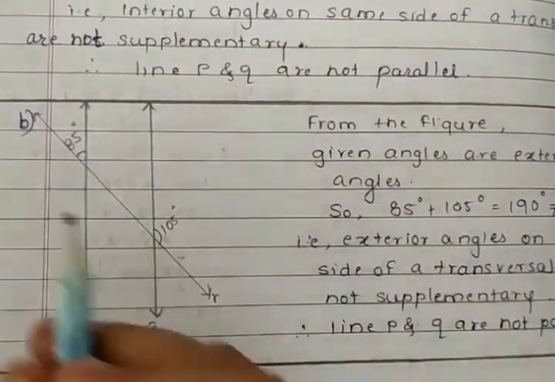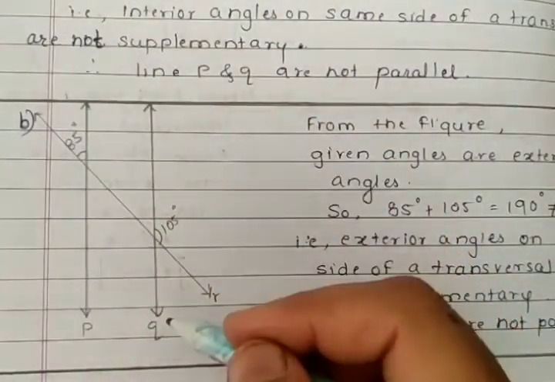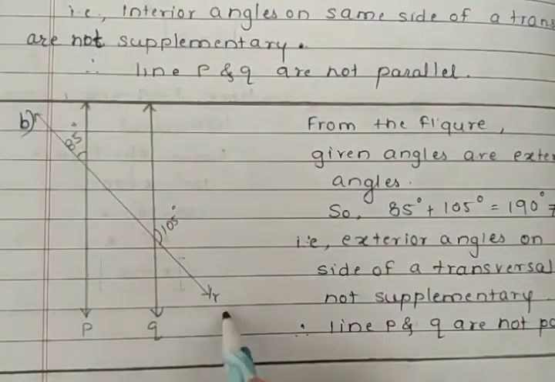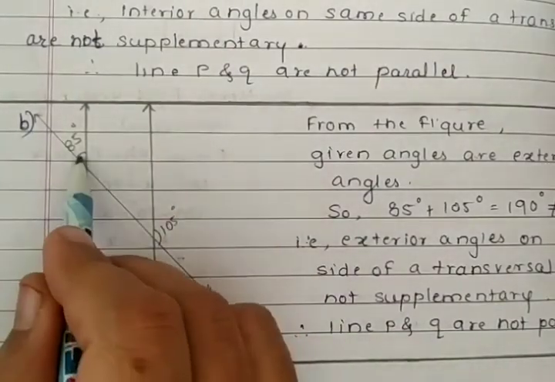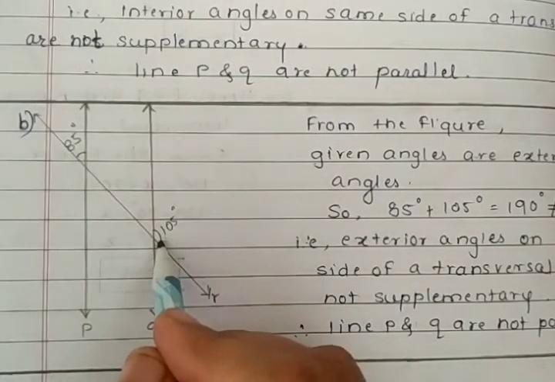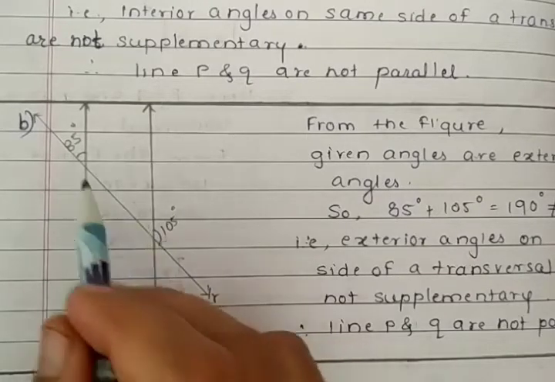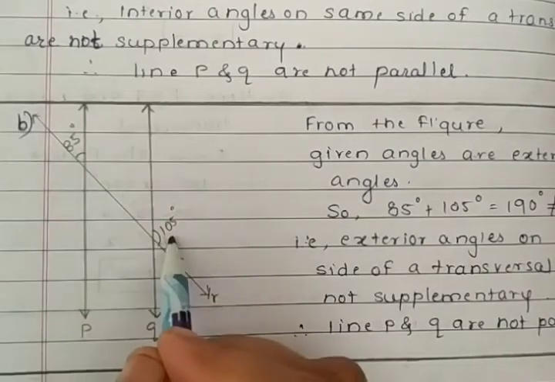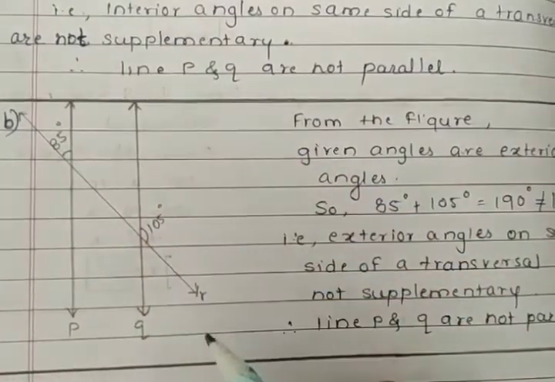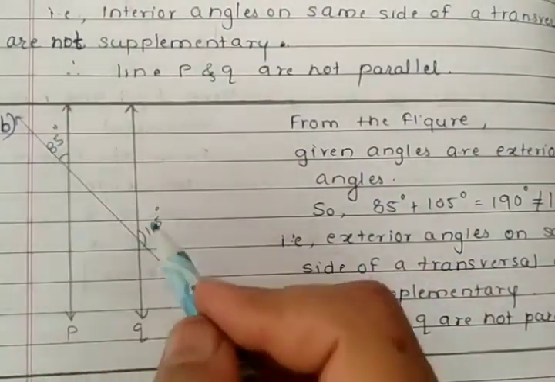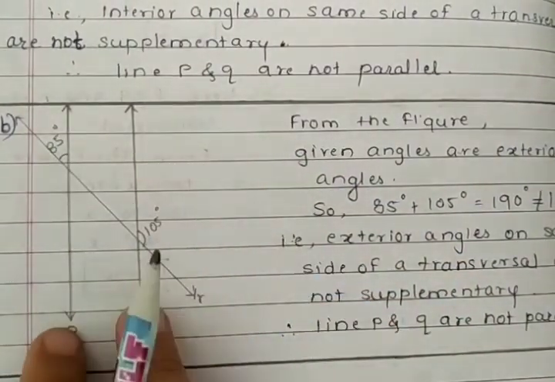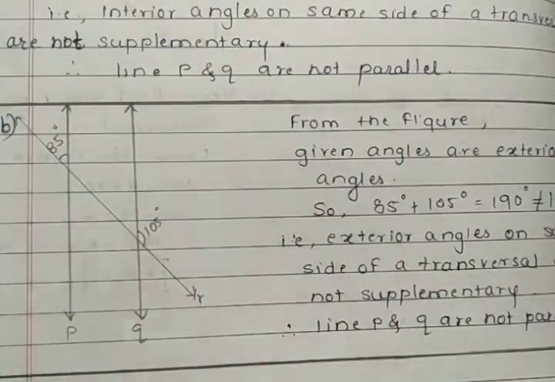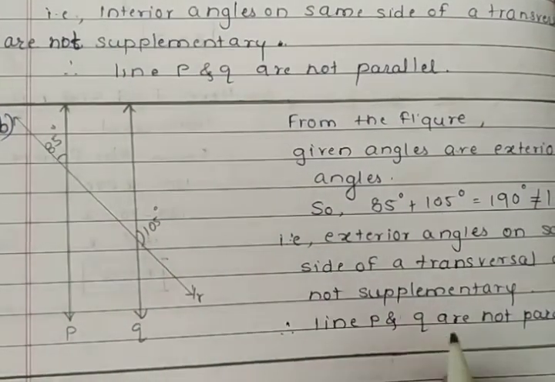Similarly, you can see B1, P and Q, these two lines are given to you, and R is a transversal. This angle is given as 85, this angle is given as 105, right? So again, these are exterior angles lying on the same side of a transversal. So if these two are supplementary, that means the given lines are parallel, otherwise not, according to the properties of parallel lines, right?